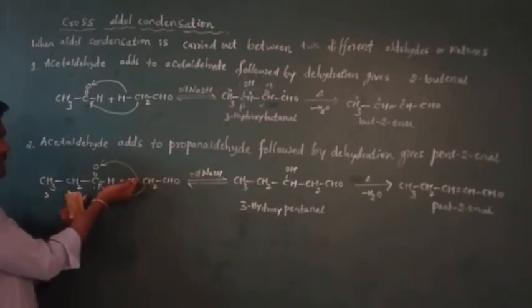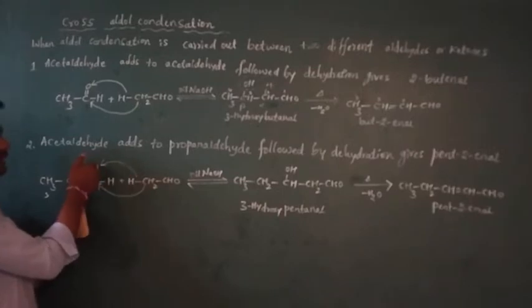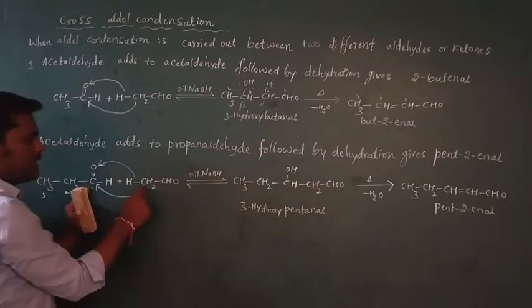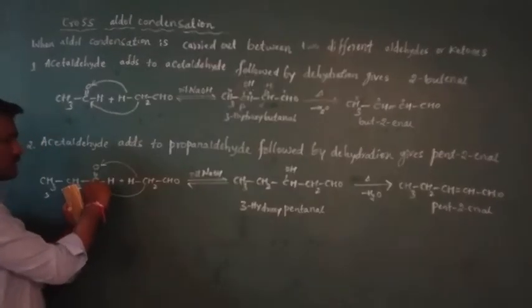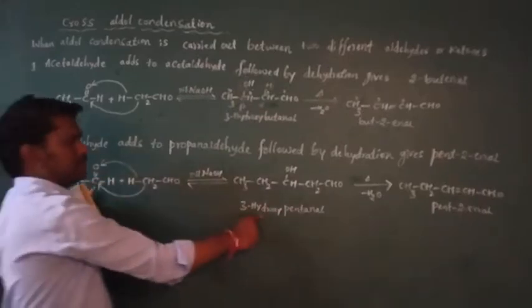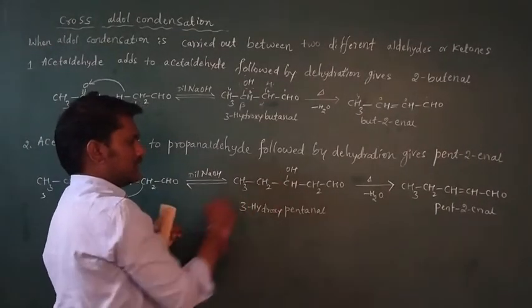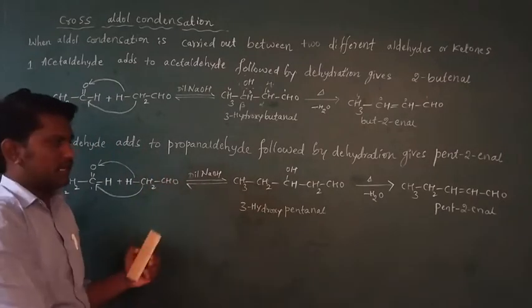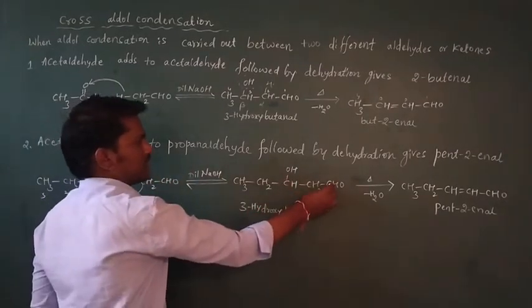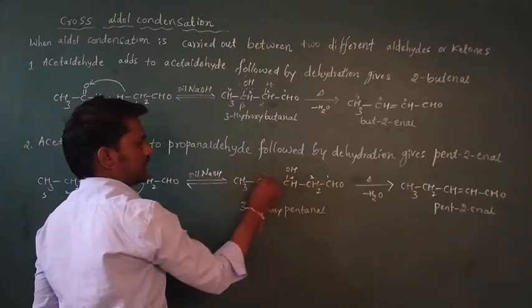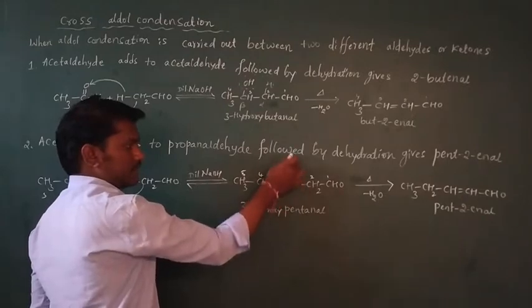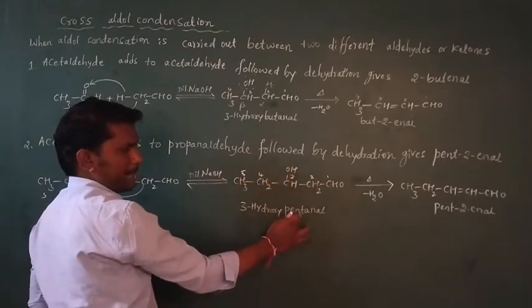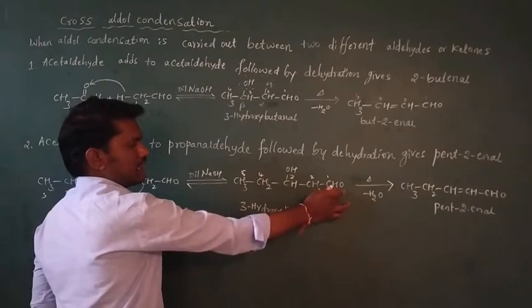One hydrogen from the acetaldehyde is added to the carbonyl oxygen to form OH, and the remaining part of the acetaldehyde, CH2CHO, is attached to the carbonyl carbon to form 3-hydroxypentanal in the presence of dilute sodium hydroxide. Carbon number 1, 2, 3, 4 and 5; 5 carbons, pentane, al indicates aldehyde.